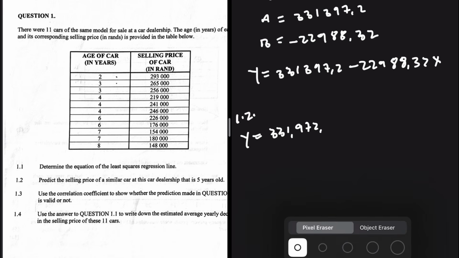So y equals 331,397.2 minus 22988.32 multiplied by x, the number of years, which is 5. I need to put that in my calculator: 331,397.2 minus 22988.32 multiplied by 5.